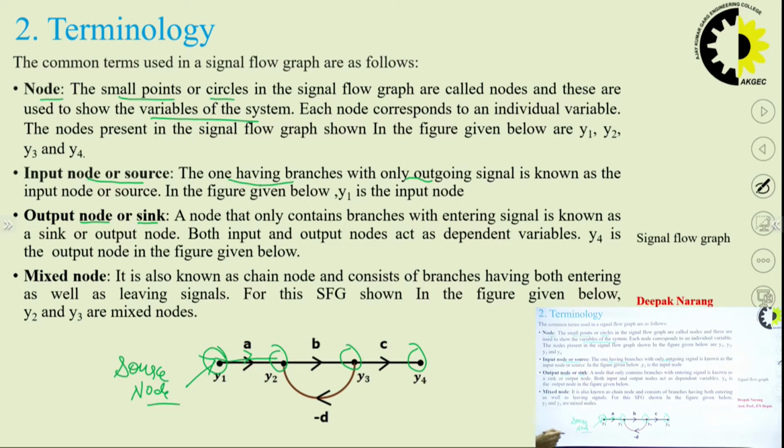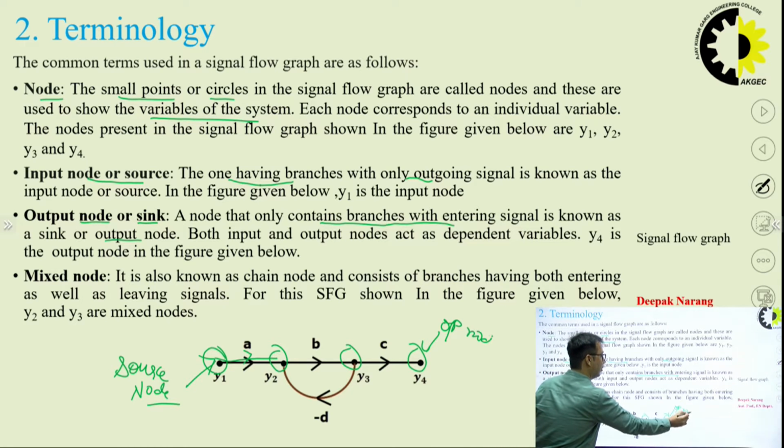Next is output node or sink node. A node which contains branches with entering the signal is known as a output node. Like this node. This is our output node because this branch is entering at this node. So this becomes sink node or output node. And what is mixed node?